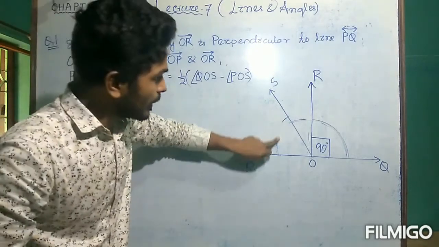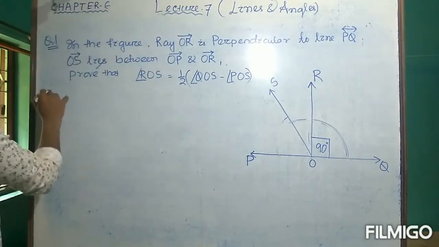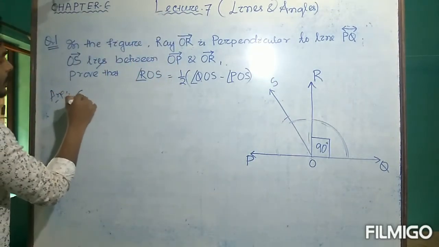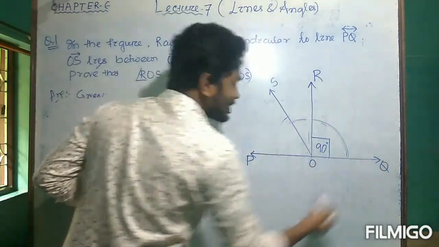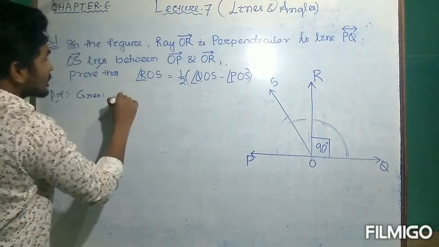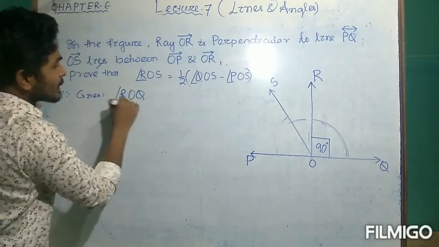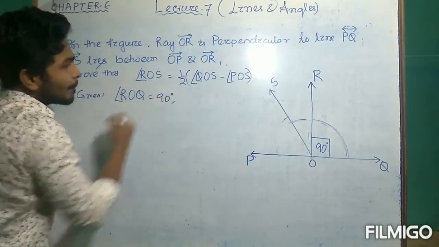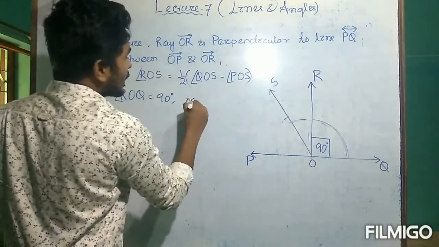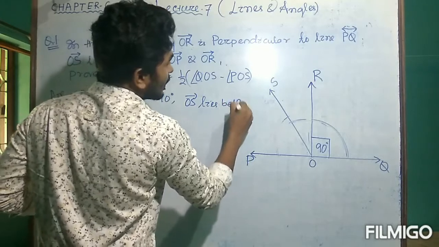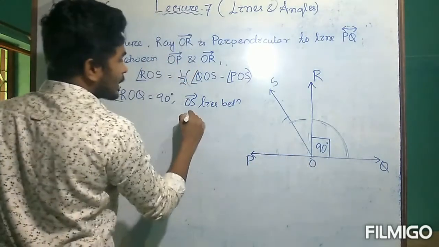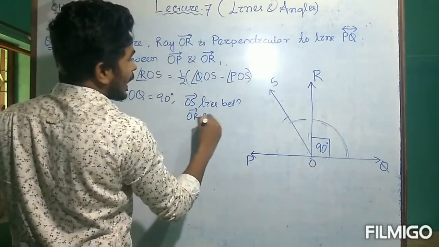So let us prove. First write what is given in the question. Given: ROQ is 90 degrees. So ROQ is equal to 90 degrees. The OS ray lies between OR and OP.